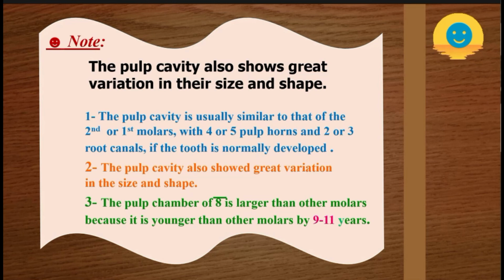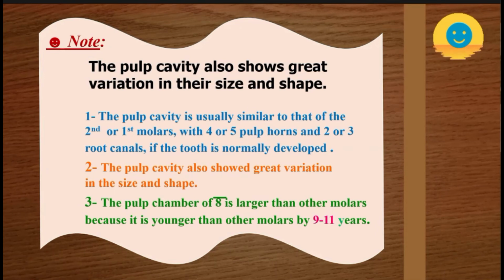The pulp cavity shows great variation in size and shape. Why? Because the pulp chamber of the lower third molar is larger than that of any other molar, because it is younger than any other molar by 9 to 11 years. There is continuous formation of secondary dentine throughout our whole life.